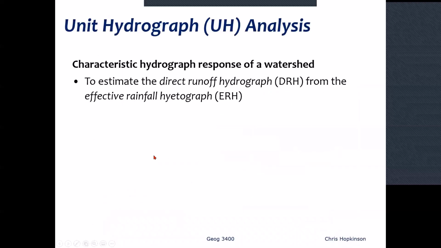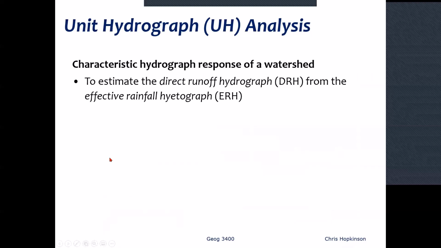Okay, now one of the hydrograph tools that's been around for a while is unit hydrograph analysis. It's perhaps not as popular now as it used to be, but because it's one of the original hydrograph analysis tools, I'm going to introduce it anyway. It's a useful tool to convey some concepts.